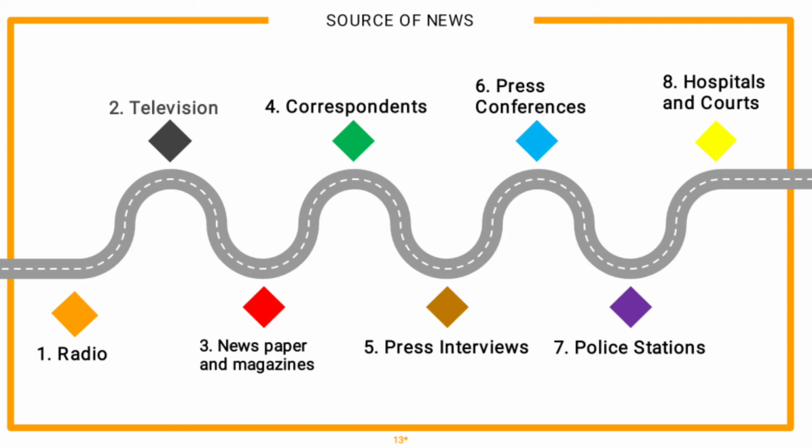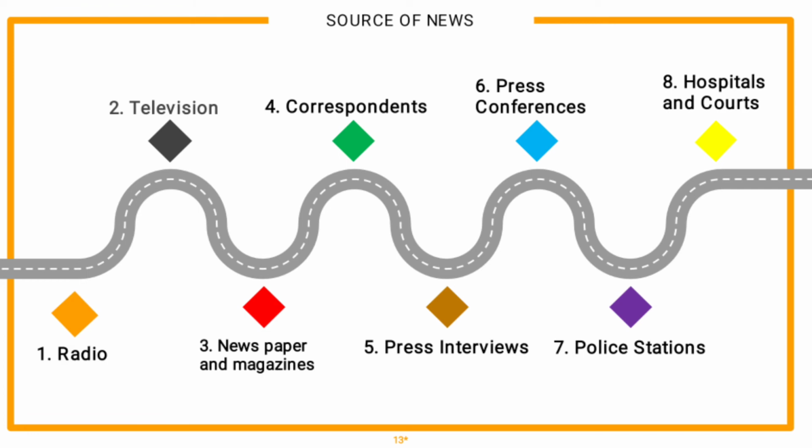Now let's proceed to the sources of news. First, we have radio. For example, DZMM, Bombo Radyo, MOR, like those. For television, we have ABS-CBN, CNN, 24 Oras, and third is newspapers and magazines. We have Daily Inquirer, Manila Bulletin, Bulgar, Tiktik.